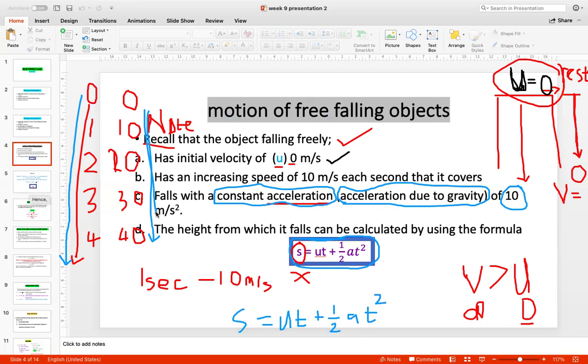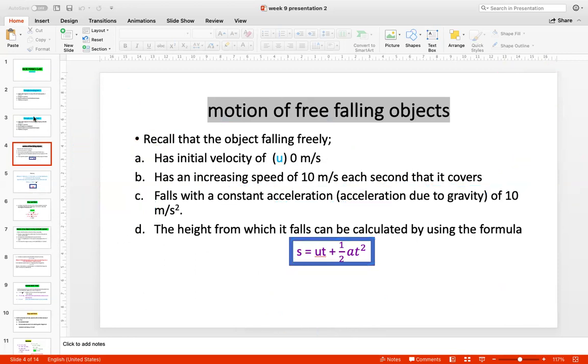Can we move on? Yes, sir. But one thing you have to understand is that the initial velocity is 0. Therefore, in our equation, where we have a 0 on u, even if you multiply by a very huge value of t, it still gives us 0.